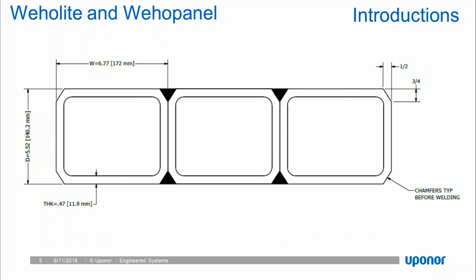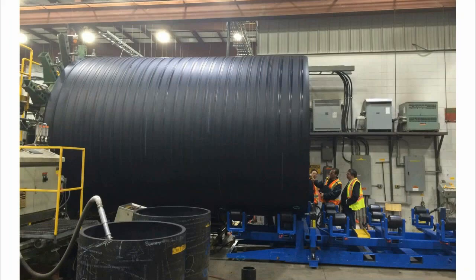Here you can see that rectangular cross-section as it is extruded from the line, and the ID and OD welds that are used in pipe to create a mandrel wound, helically wound configuration, and in panel to create flat panels of material called Wehopanel.